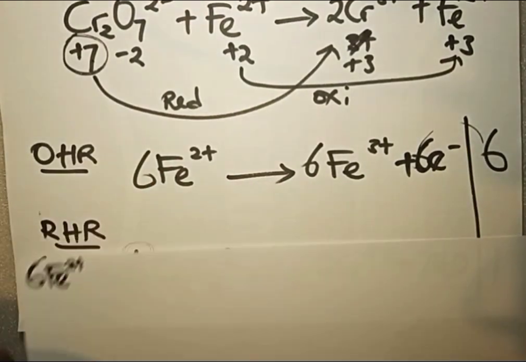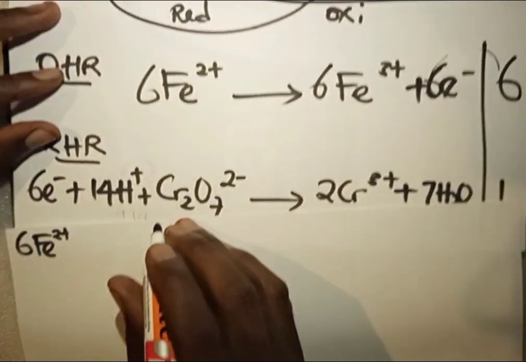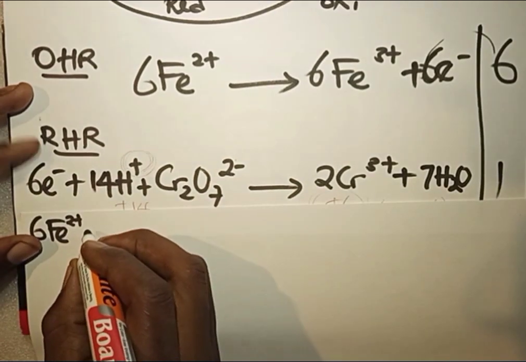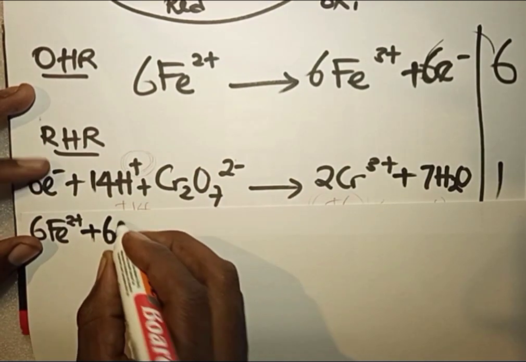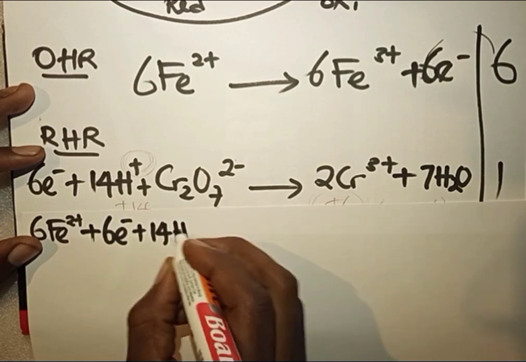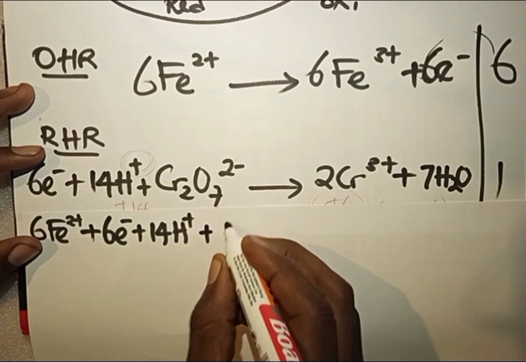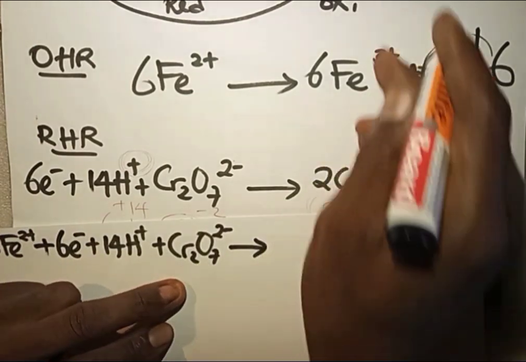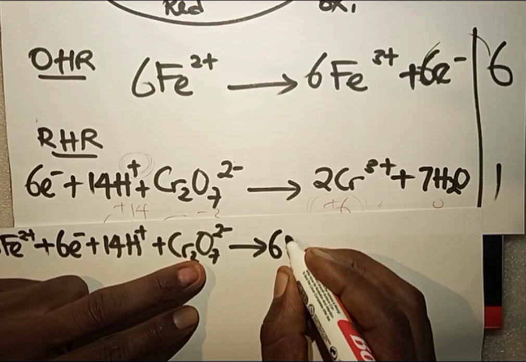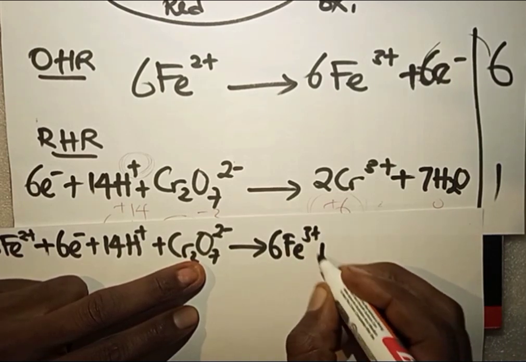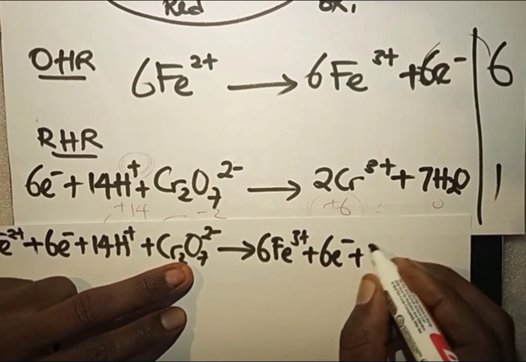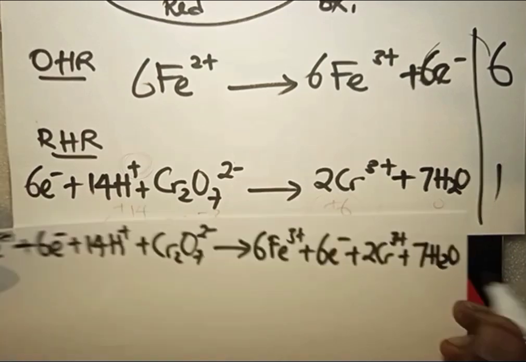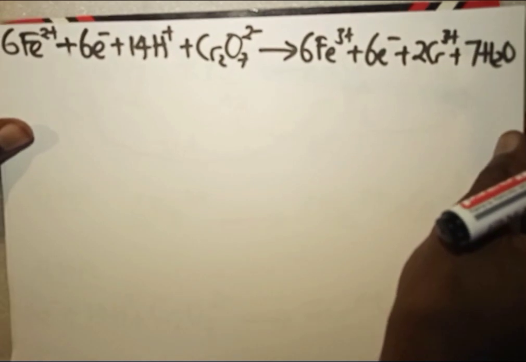So we have this iron 2 plus, plus 6 electrons plus 14 hydrogen plus this, which gives, we get again whatever is here, 6 iron 3 plus 6 electrons plus 2 chromium 3 plus, plus 7 molecules of water. Wonderful. So I've put everything in one equation.